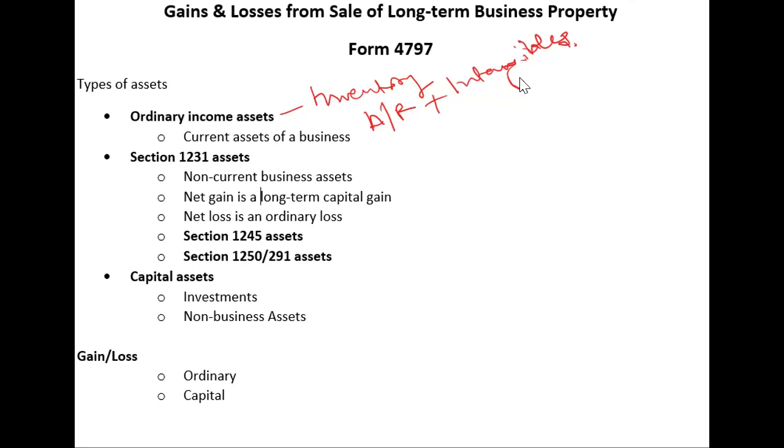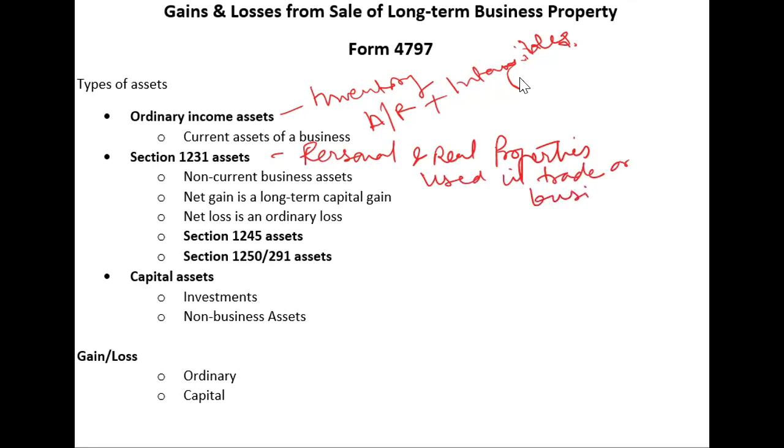So section 1231 is for personal and real properties, and these should be used in trade or business and held for over 12 months, whose eventual sale or disposal is only incidental to the business.